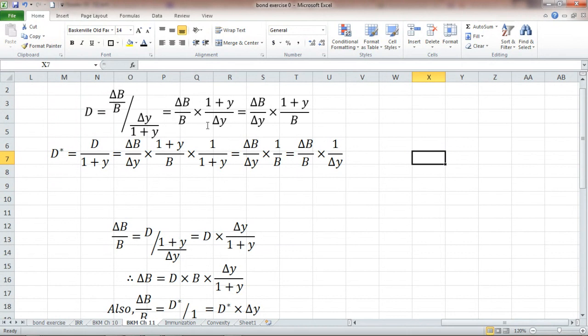And then we can rearrange, we can simply switch the denominators. It doesn't affect the value of this fraction. So change in b over change in y times 1 plus y over b.